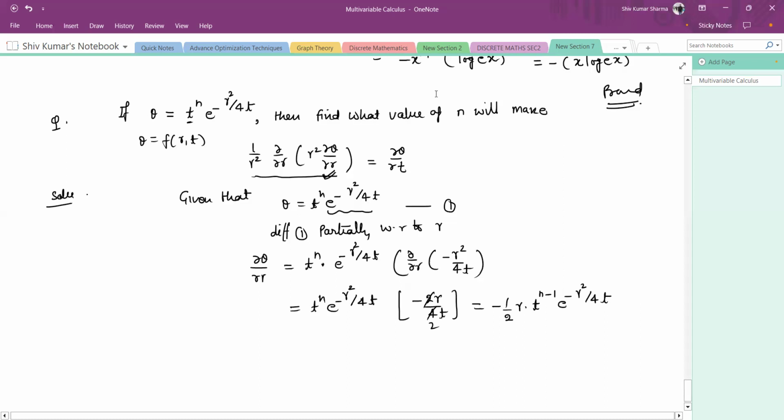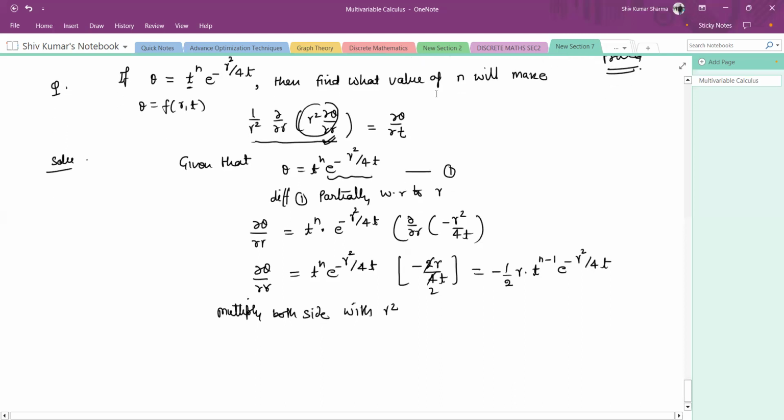So the second term, when we differentiate further, we see the LHS part. In the LHS part we have the second term, that means we multiply del theta upon del r with r square. So this is the value of del theta upon del r. So as per LHS, we multiply both sides with r square.